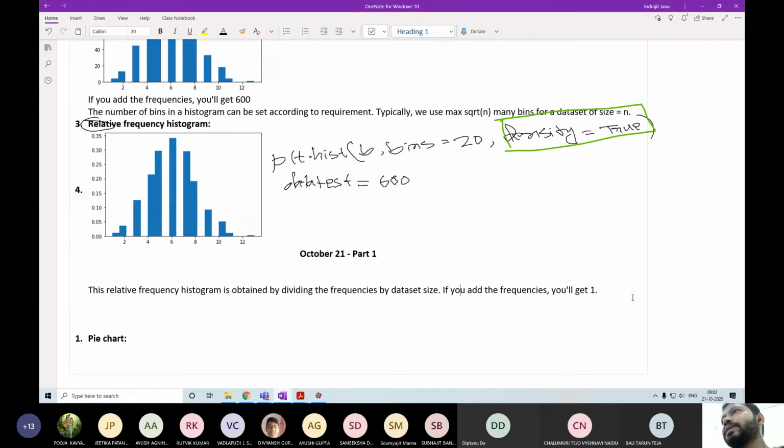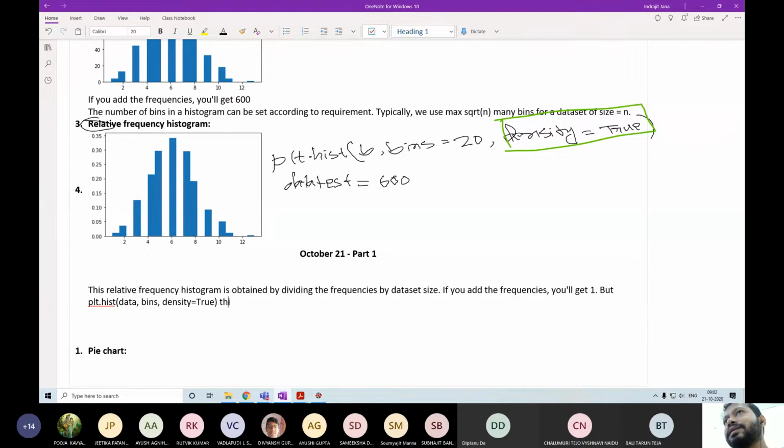Now, after the class, I realized that I ran this command in Python, which was plt.hist. Then I put the data here, the bins size here, and I said density is equal to true.